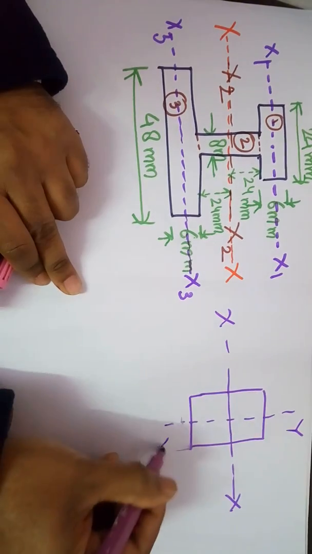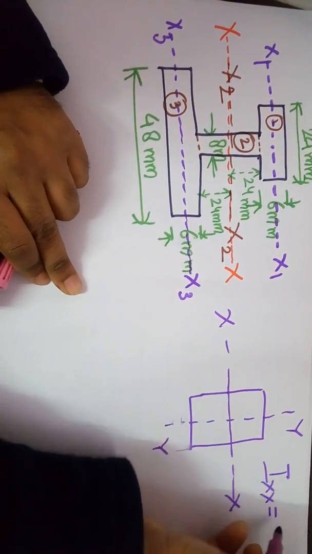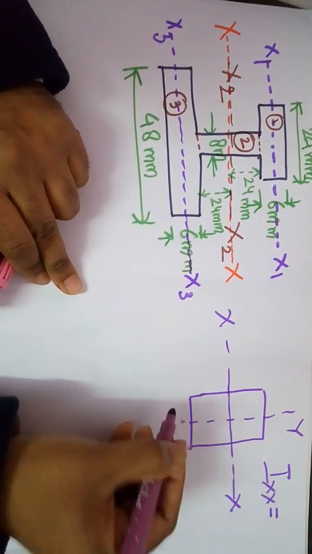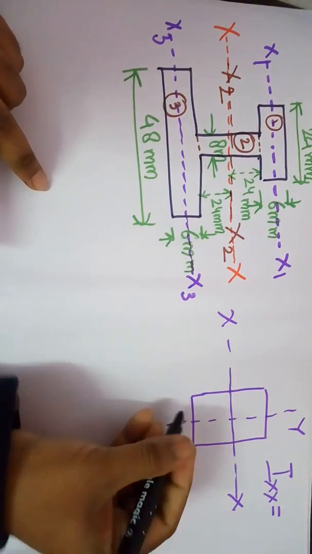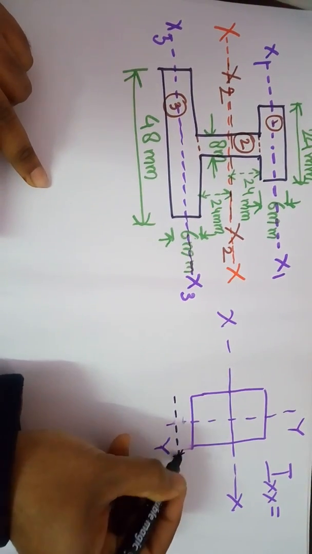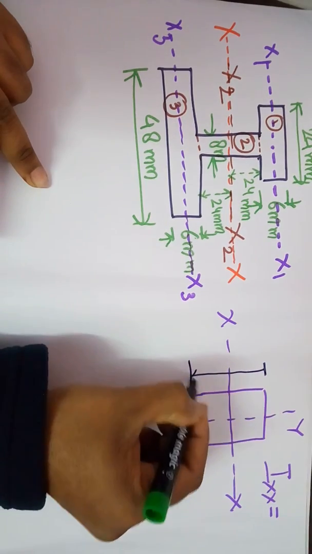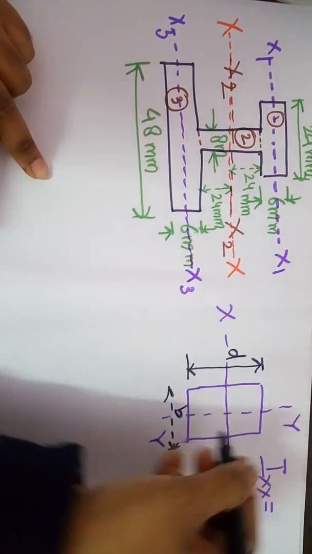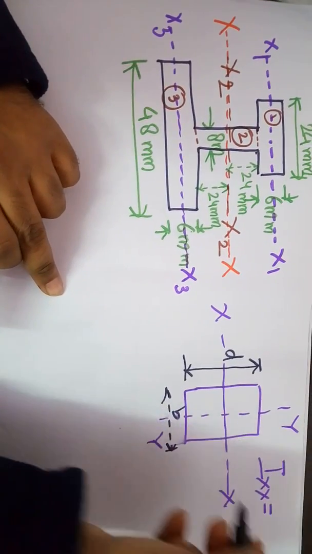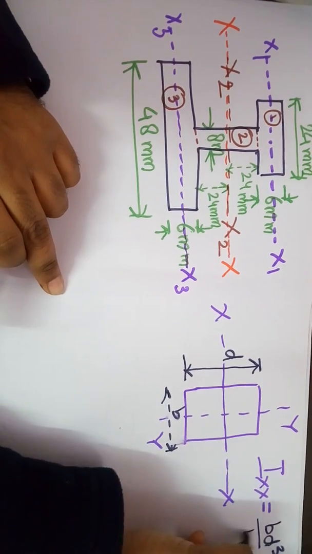Ixx we have learned is equal to bd cube by 12, if we take this dimension as b and this dimension as d. So the moment of inertia of this rectangular portion about the x-axis will be bd cube by 12.